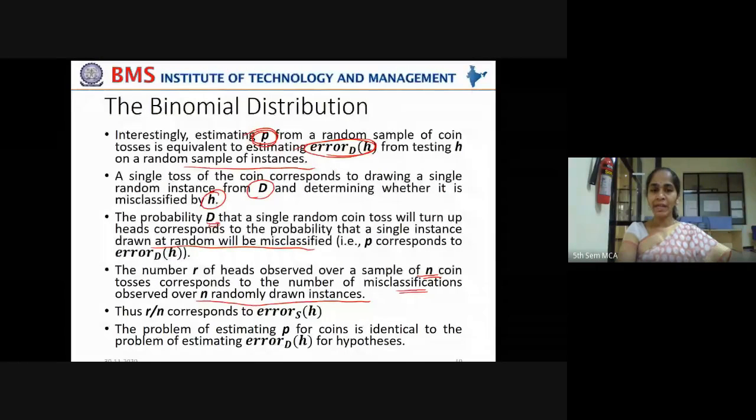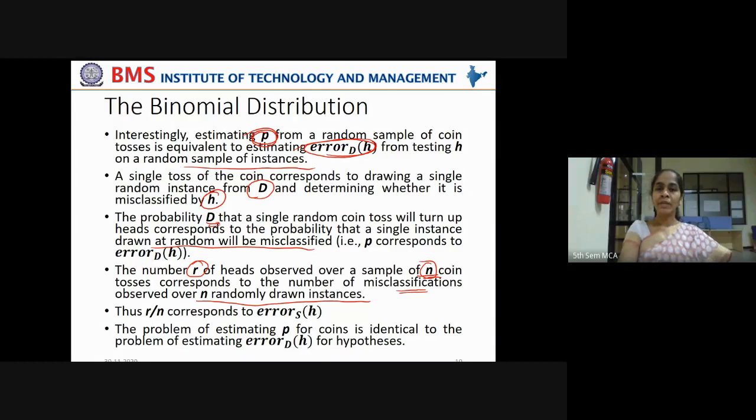So when you toss a coin n times and observe R heads, the same problem with respect to machine learning models is the number of misclassifications observed over n randomly drawn instances. You are interested only in misclassifications so that you can calculate the true error of the model. In the coin toss experiment, you are interested only in the number of heads. In the machine learning model, you are interested in the number of errors the model makes.